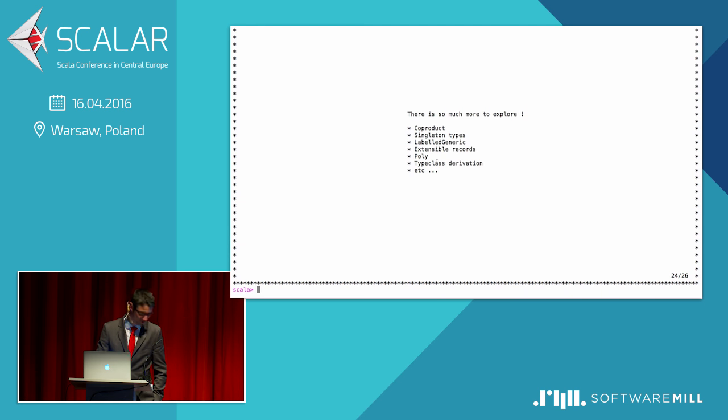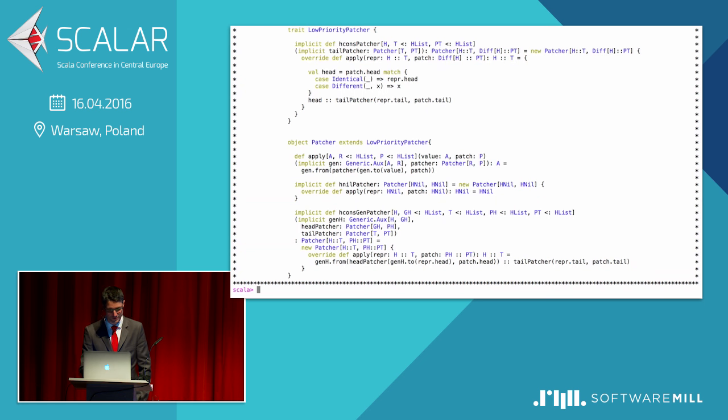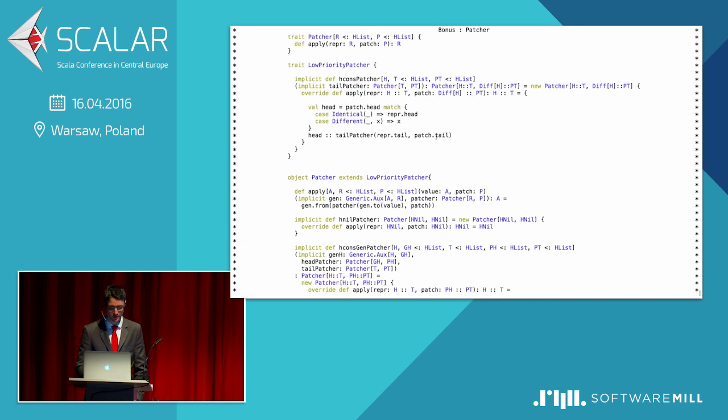Okay, so yeah, I have 5 minutes left, so I have time for a little bonus. Imagine now I want to make something real with my delta. For example, I want to take a delta and apply it to another object. That's of course doable.